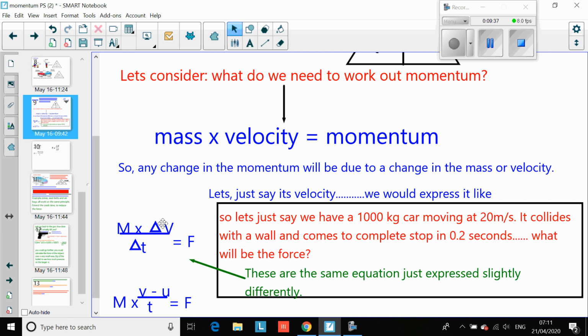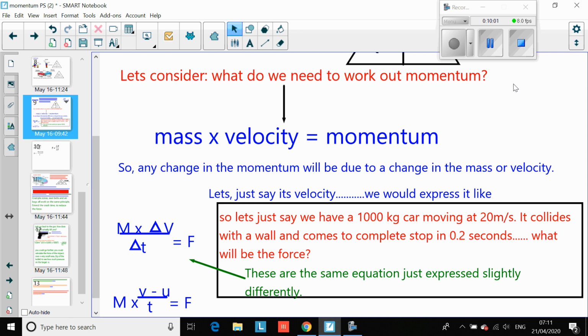Now, what we need to do then is put this into a calculation. So divided by the change in time, it took 0.2 seconds to stop. So put 20,000 divided by 0.2. And as we can see, if you've done this on your calculator at home, I'll just give you a quick moment to do that. Just pause the tape again.